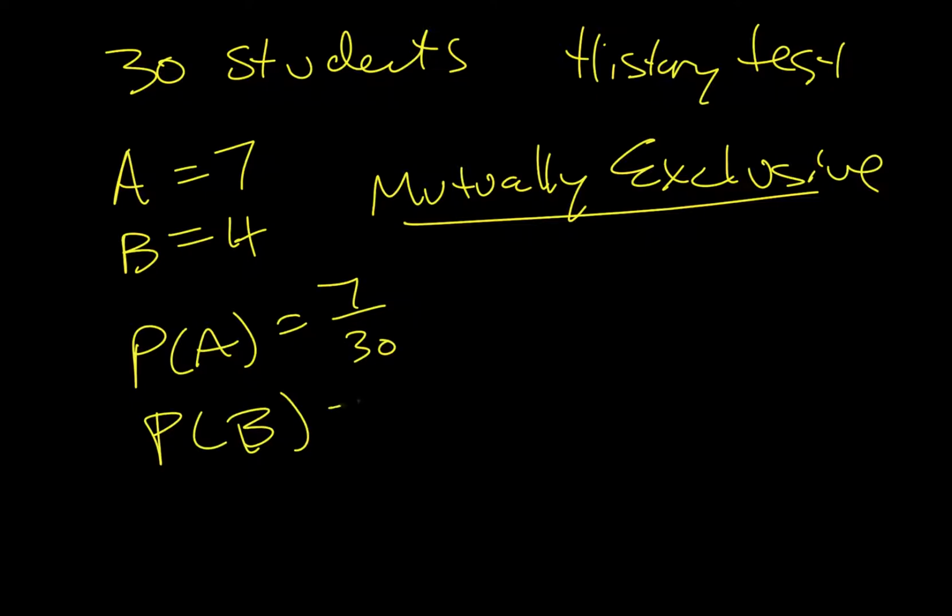Probability of B is going to be 11 out of 30. Oh, sorry, I misread what I wrote.